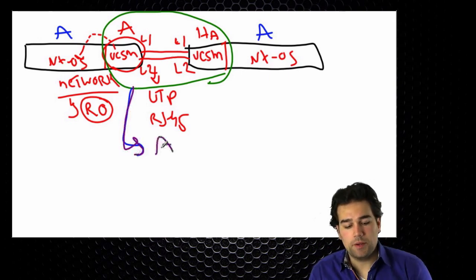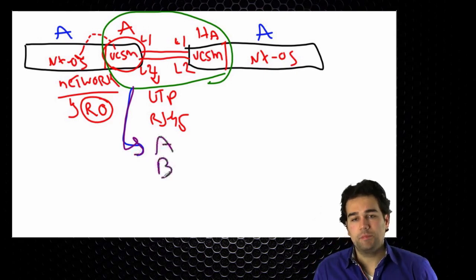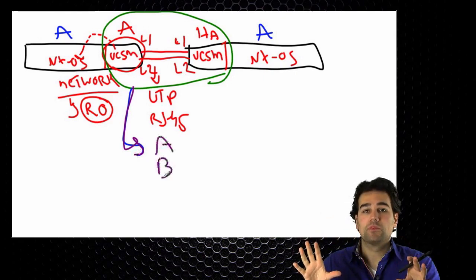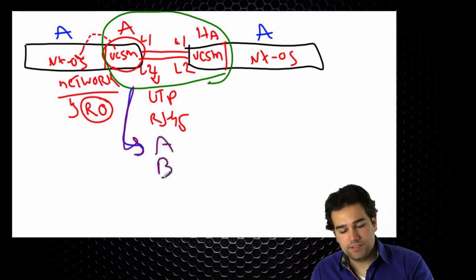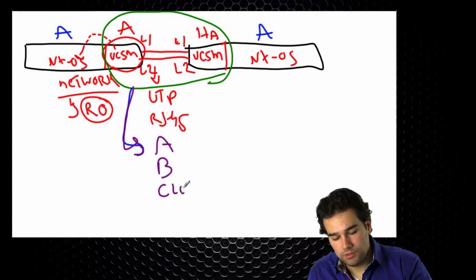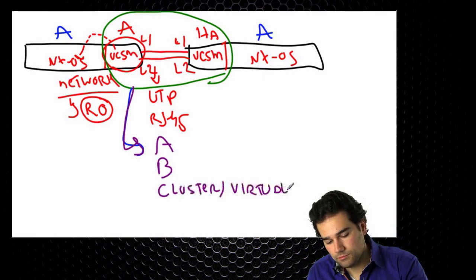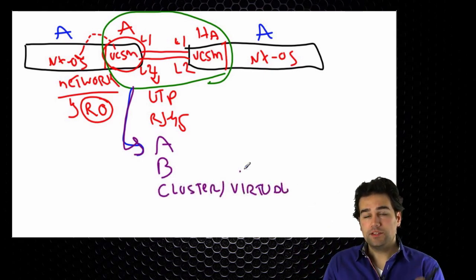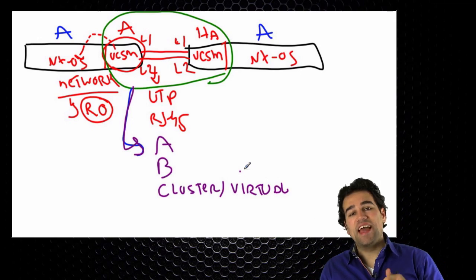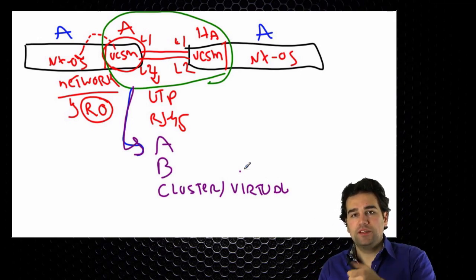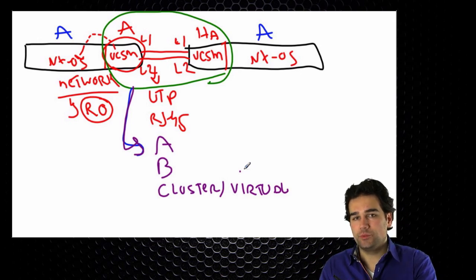I configure an IP address on fabric interconnect A, I configure an IP address on fabric interconnect B, and then I need a so-called cluster or virtual IP address.